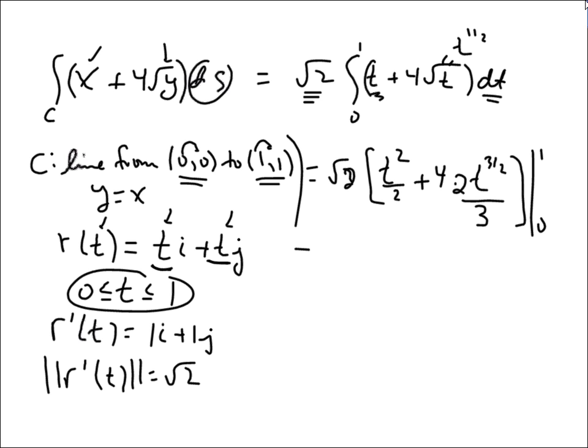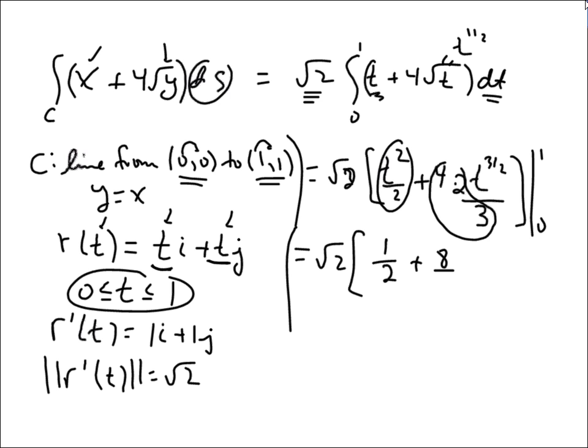And you can factor out the square root of 2. And when you plug in 1, you get 1 squared over 2, plus 8/3 times 1 to the 3 halves is 1. So 8/3 times 1 is still 8/3. So it's a matter of adding this. Let's get 6 on the bottom. Multiply the half by 1. That's 3 over 3. You multiply the 8/3 by 1.